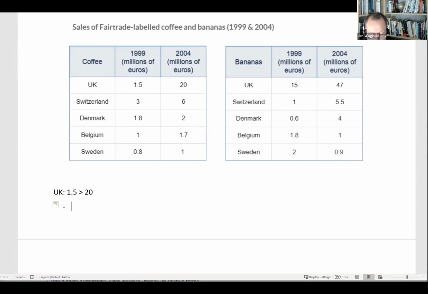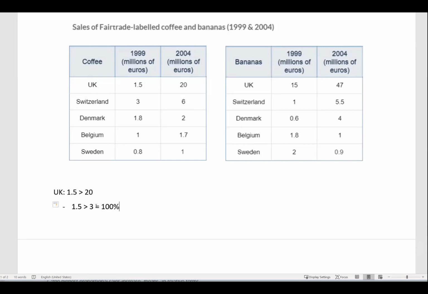If something goes, see, this is why I need to use my fingers. 1.5 to 3 equals 100% growth, right? If something doubles in size, that's 100% increase. So then we go 3 to 4.5 equals 200%.